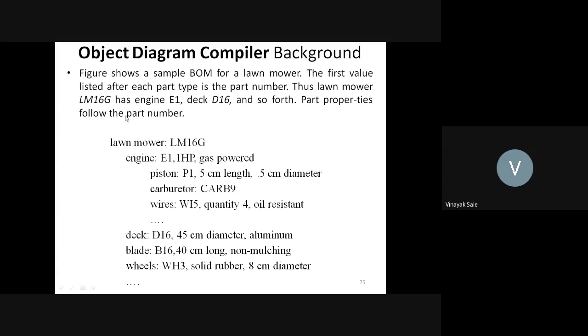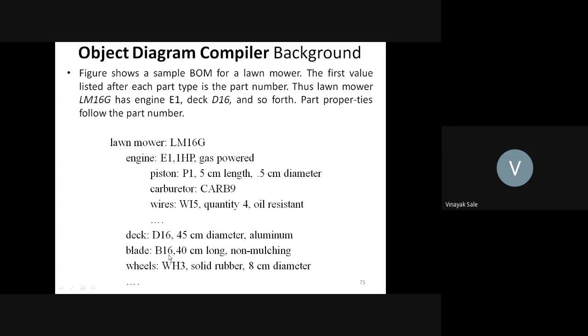The first value listed after each part is the part number. Suppose engine E1, piston P1, carburetor carb 9, wires W15: the first value is the part number. Thus the mower LM16G has engine E1, deck D16, blade B16 and so on.